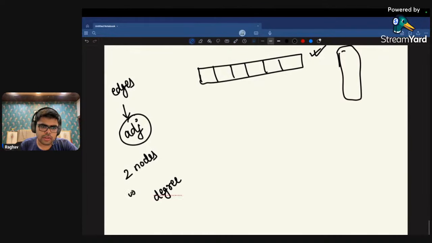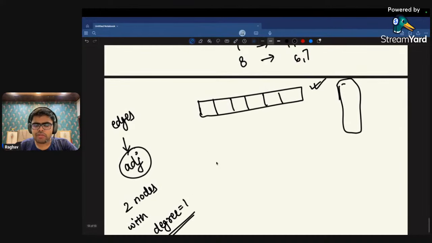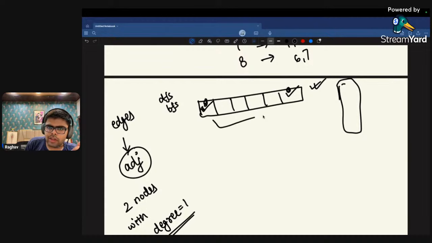Two nodes with degree equal to 1. And once you find both of these nodes, you know that one of them will come at this place, and one of them at this place. And in the original graph, if you just run a normal DFS or BFS to find the path from this node till this node, you can easily get all the nodes.